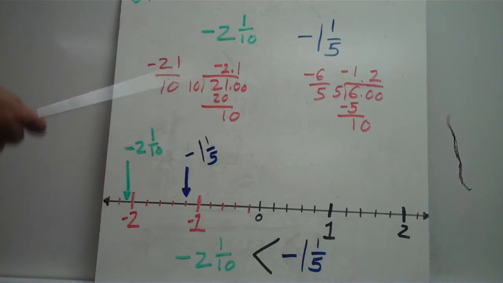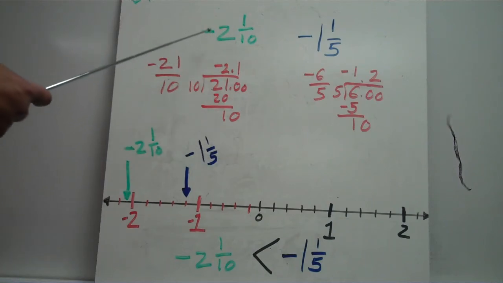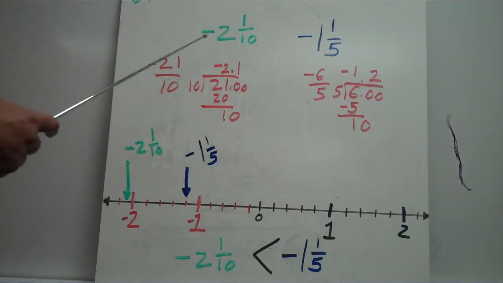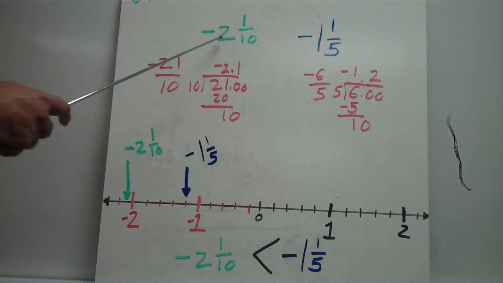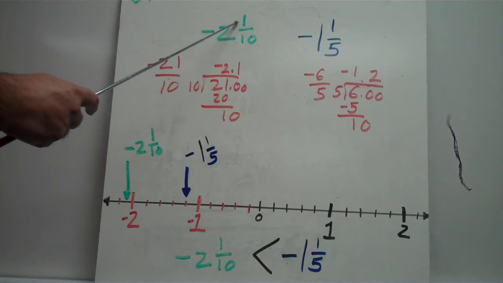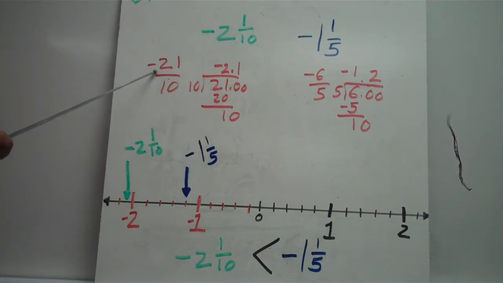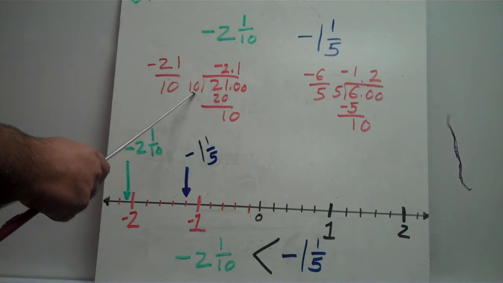When we're making improper fractions out of these negative fractions, we're going to ignore the negative sign right now and just deal with 10 times 2, which is 20, plus 1 is 21. So we have 21 over 10, and then you just attach that negative sign. Then when we divide, 21 goes inside here, again ignoring the negative sign just for right now, and 10 goes on the outside.